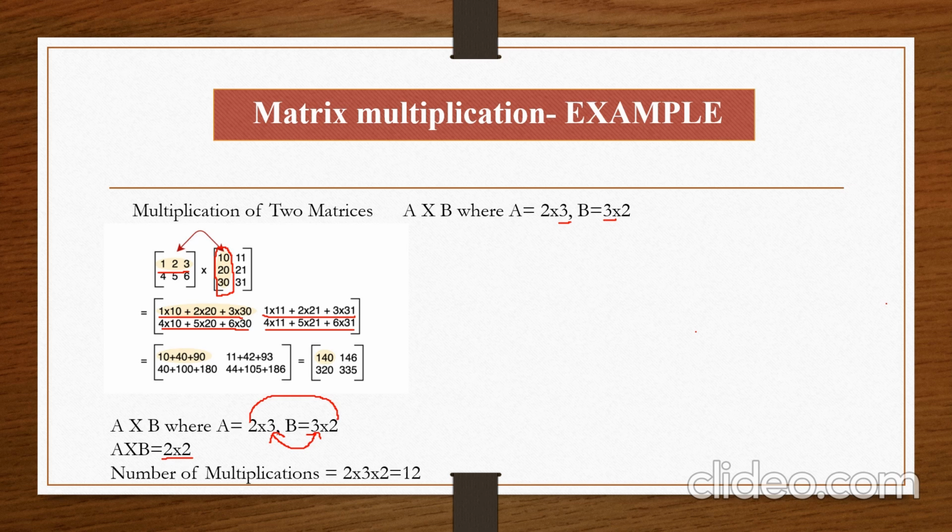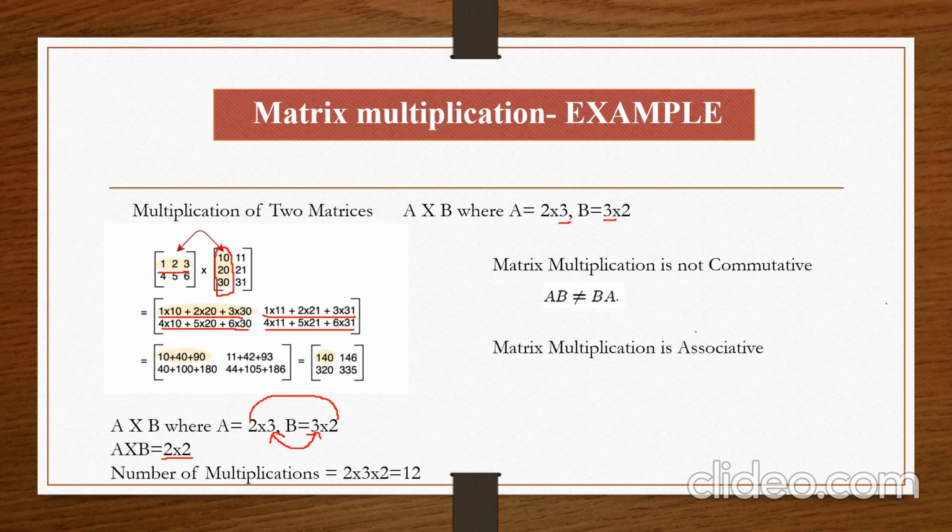There are some basic properties in matrix multiplication. They are: matrix multiplication is not commutative. That is, multiplication of A and B is not equal to multiplication of B and A. But matrix multiplication is associative, in the sense, if we have three matrices A1, A2, A3, multiplication of A1 into A2, then into A3 will give you the same result as A1 into the product of A2 and A3.